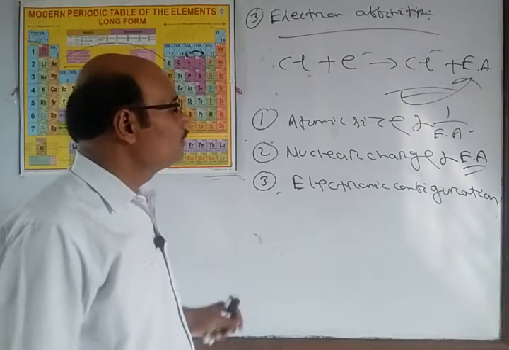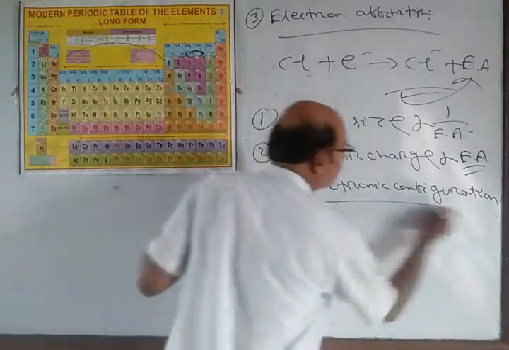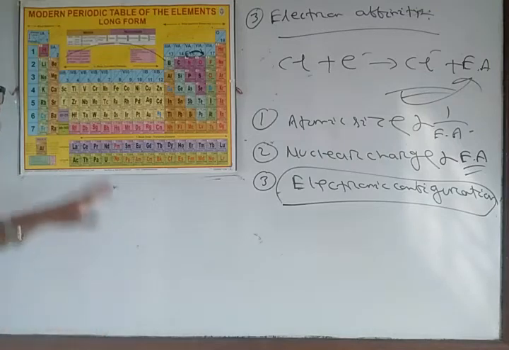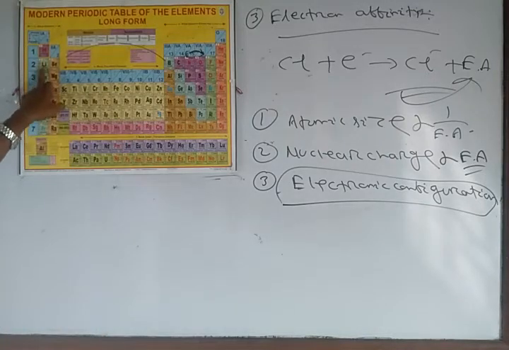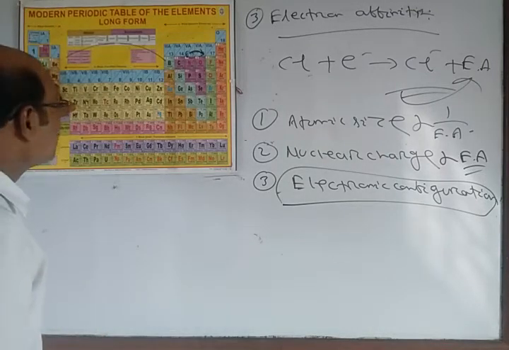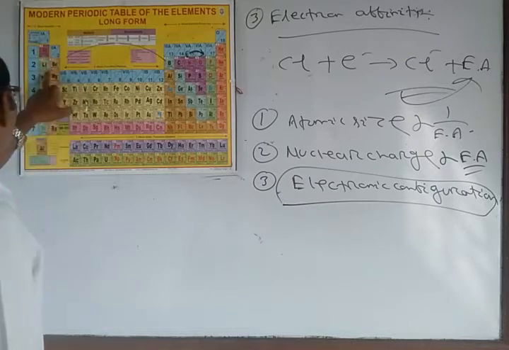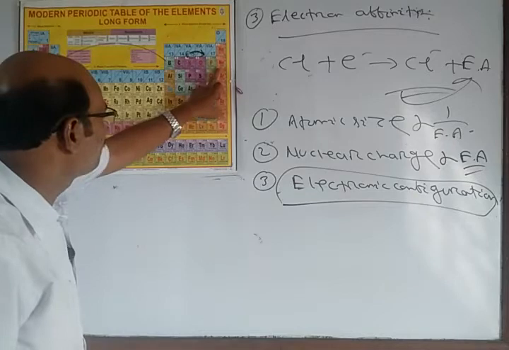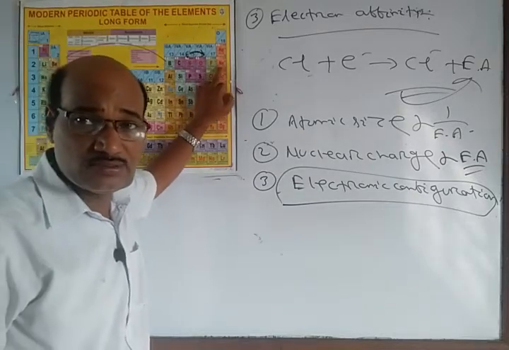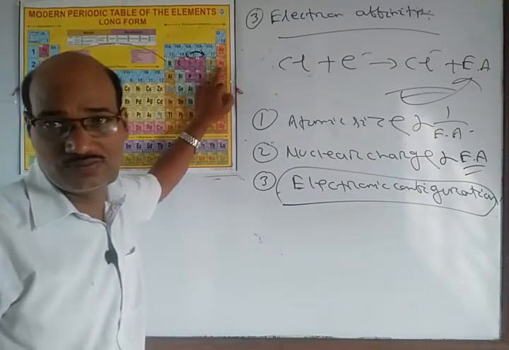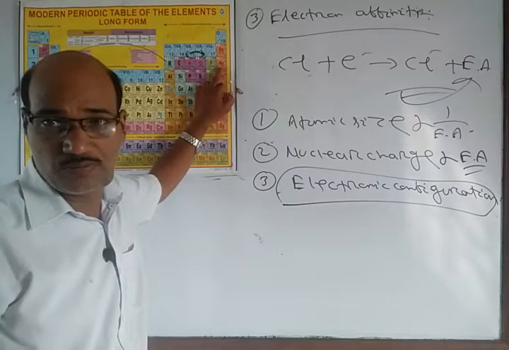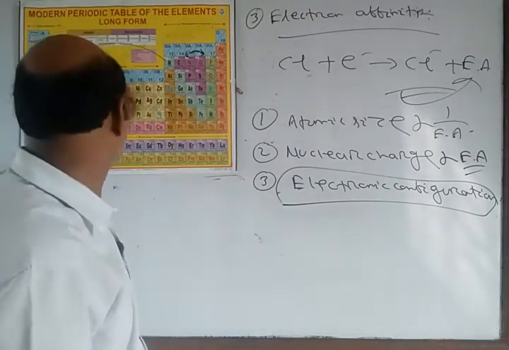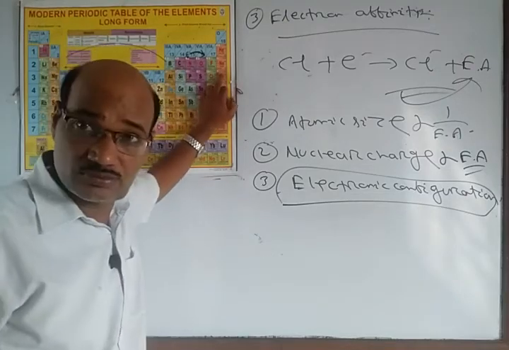But when you think about electronic configuration, if we move in the period from left to right, the electron affinity will go on increasing, but at last it becomes 0. In the case of ionization energy, it increases and becomes highest at the end.